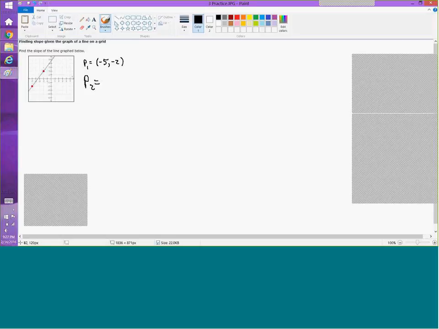And then over here, x equals negative 2 and y equals 2. So we have point 2 at negative 2, 2. And again, slope equals y2 minus y1 over x2 minus x1. My y2 is going to be 2, and y1 is going to be negative 2.